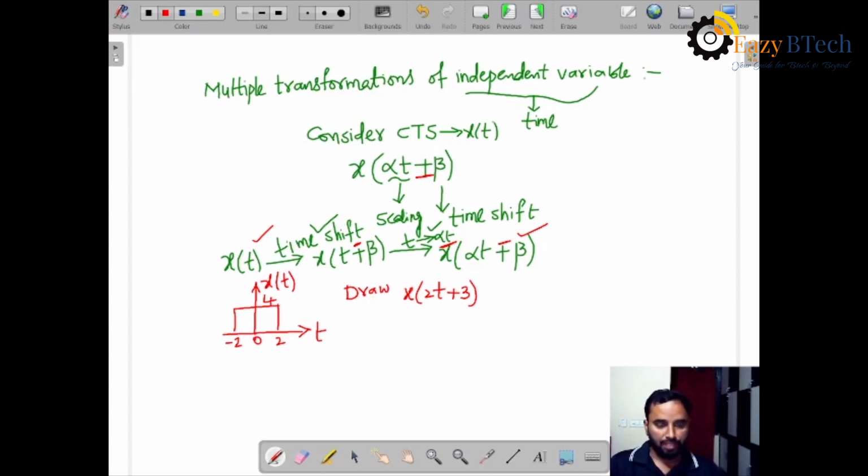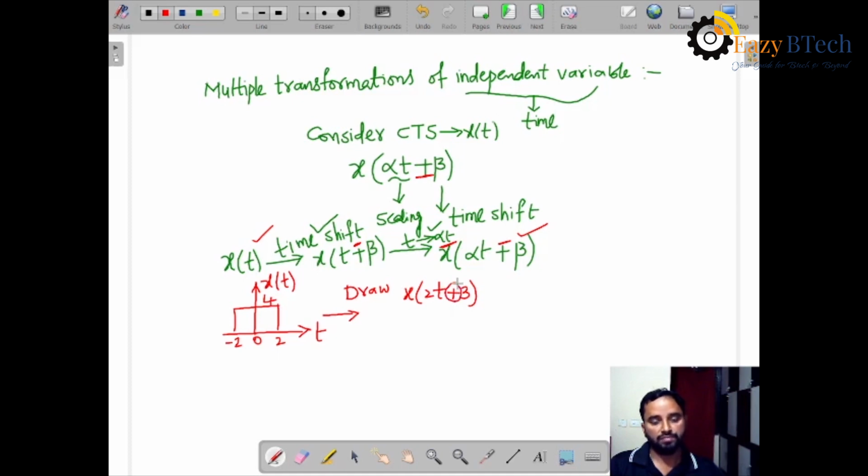As per our procedure, first we do time shifting, then we do time scaling. So I take x of t and do time shifting. Time shifting can be a right shift or a left shift. Here the plus symbol indicates left shift of the signal.